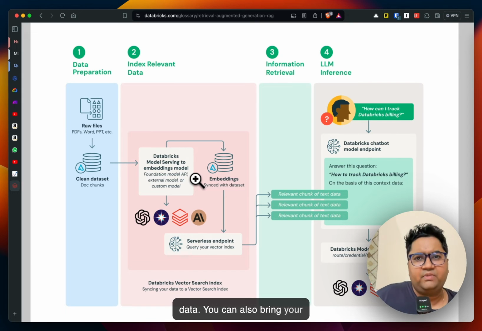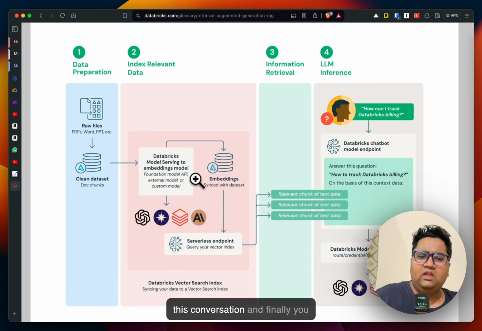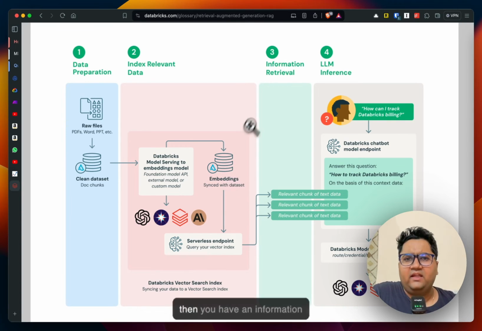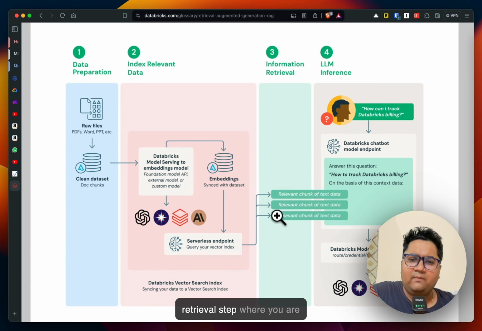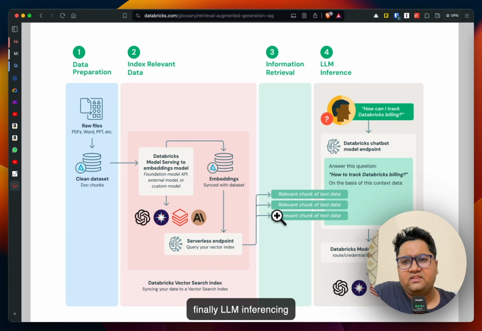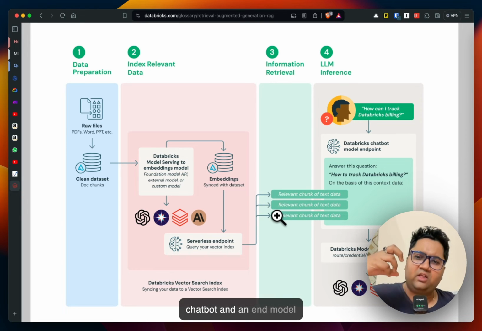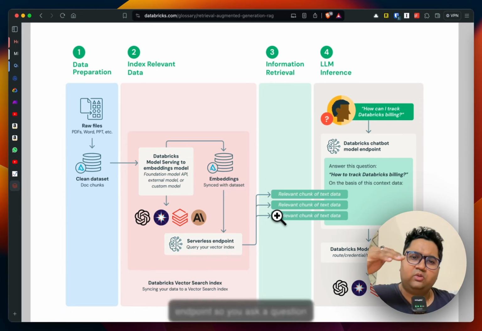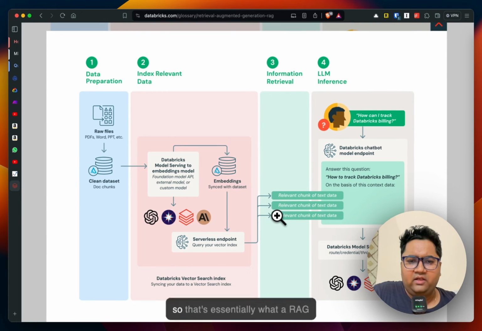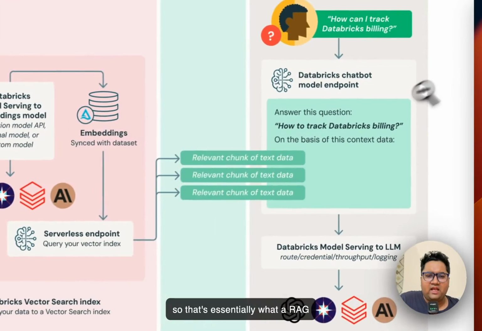You can also bring your external embeddings, your external vectors, to this conversation, and finally you would query your vector index. Then you have an information retrieval step where you are chunking the data, and finally LLM inferencing happens where there's a chatbot and an end model endpoint. So you ask a question to the UI, it goes back and does its magic. All right, so that's essentially what a RAG is.